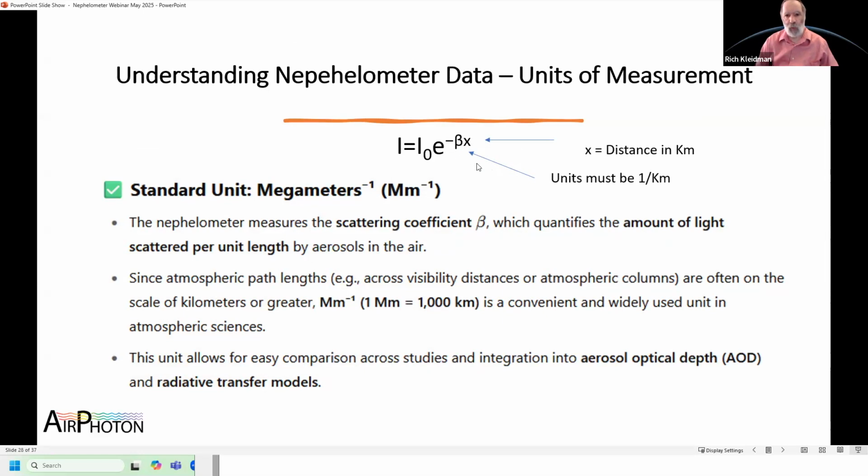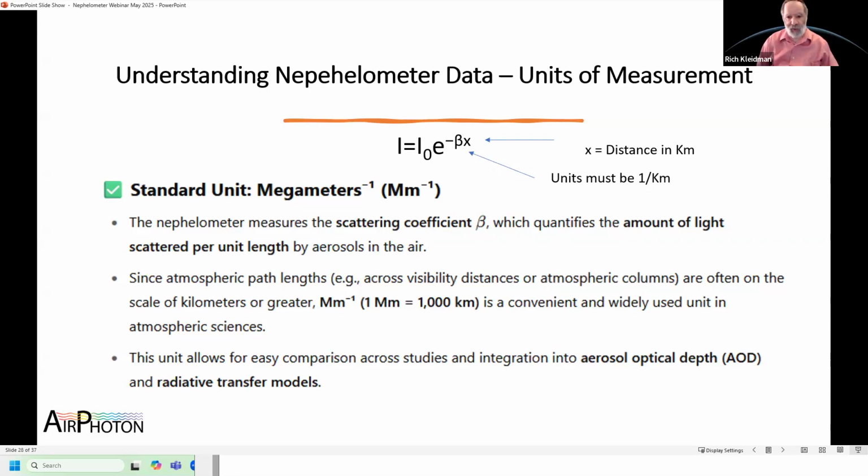And so therefore, the scattering coefficient has to be in inverse kilometers or inverse megameters. Okay, so that's the best I can do for explaining in an intuitive way why we report out in inverse megameters, because we rearrange the equation to report out the scattering.